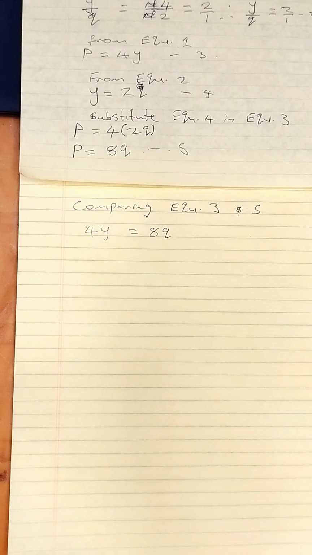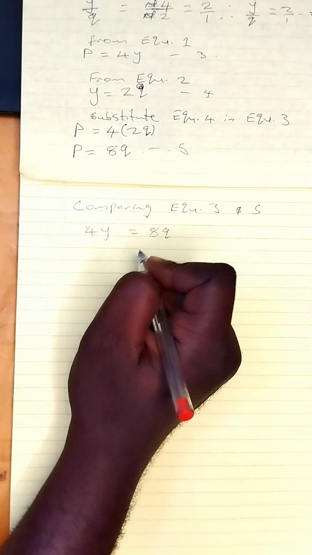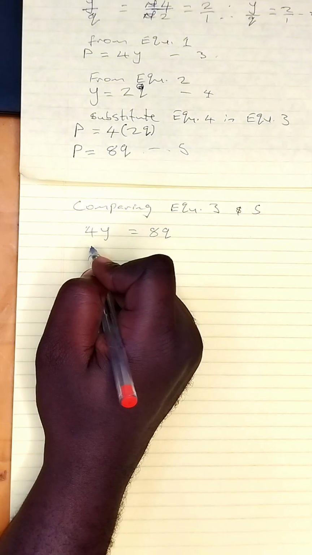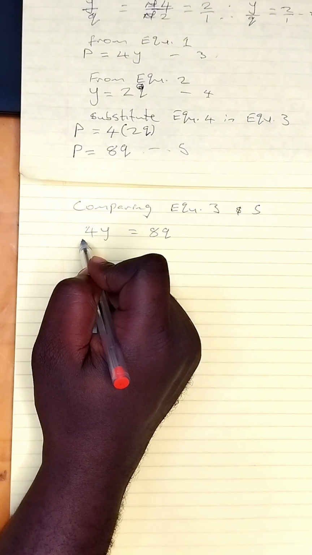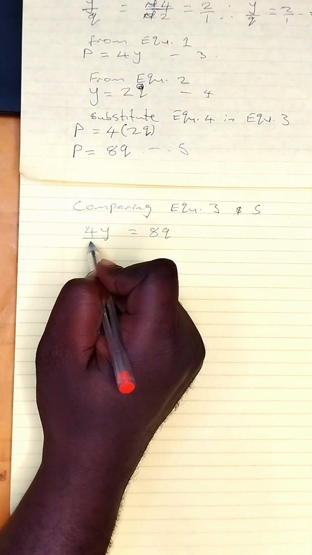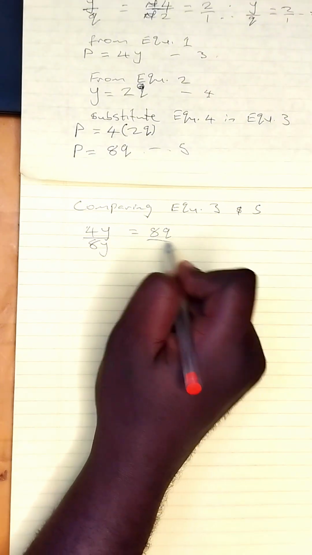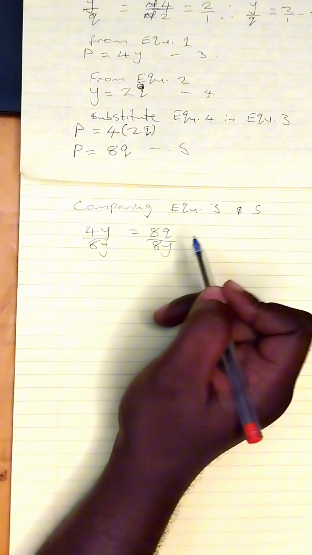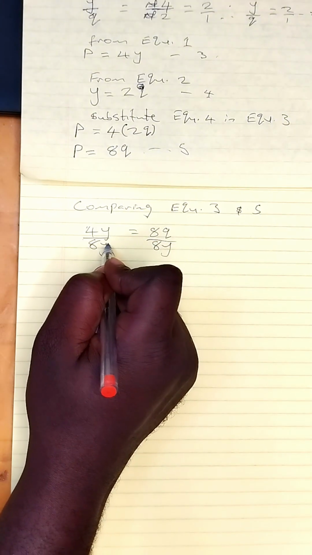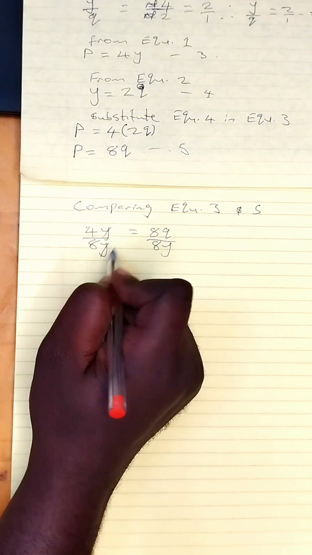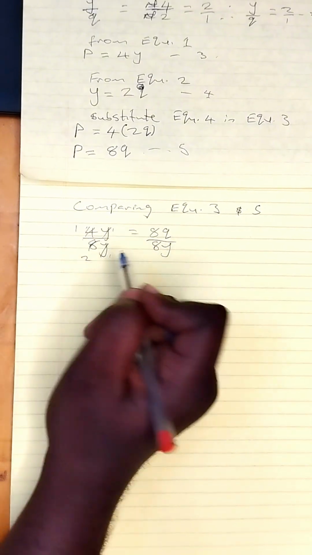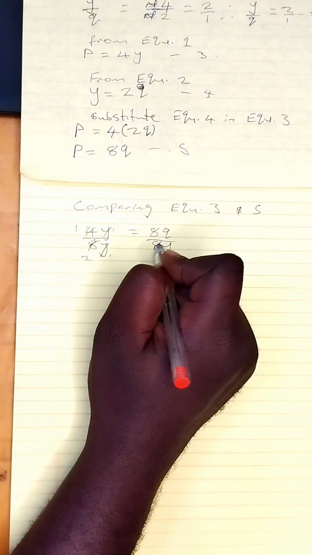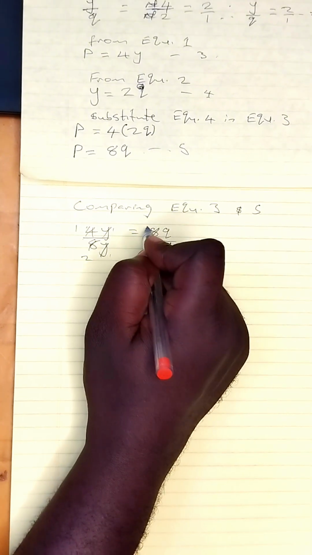So what you do is that you divide both sides by 8y, just to get the proper ratio between the two. Y cancels y, 4 going into 4 once, 4 going into 8 twice, 8 going into 8 once.